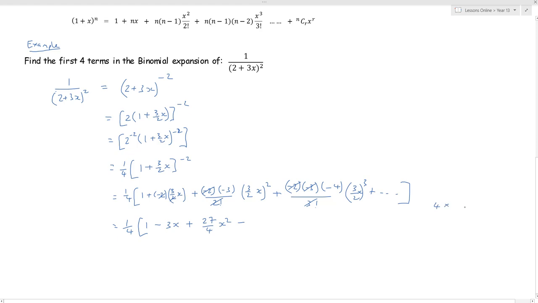It'll be 4 times 3 times 3 times 3 divided by 2 times 2 times 2. Marvellous. So those 2's cancel with the 4. Leaves me with 27 over 2. So it'll be minus 27 over 2. It's interesting. Got 27 both times, but this one's over 2. X cubed.